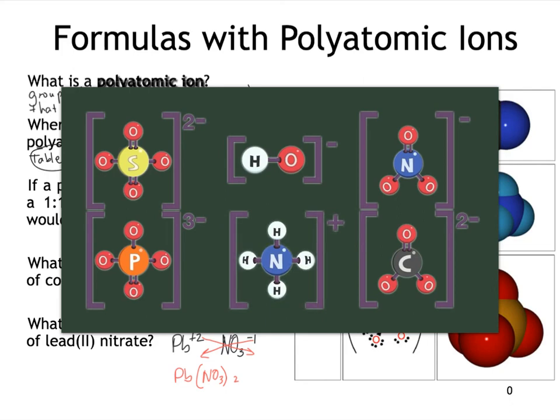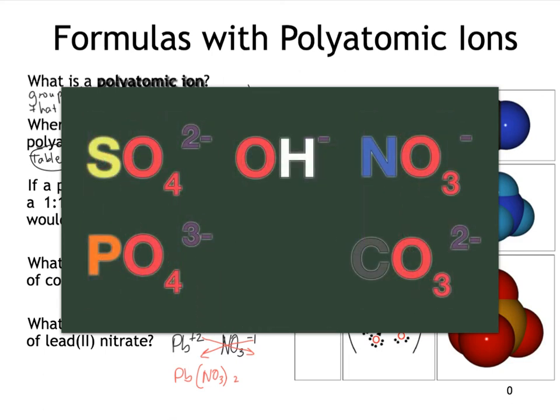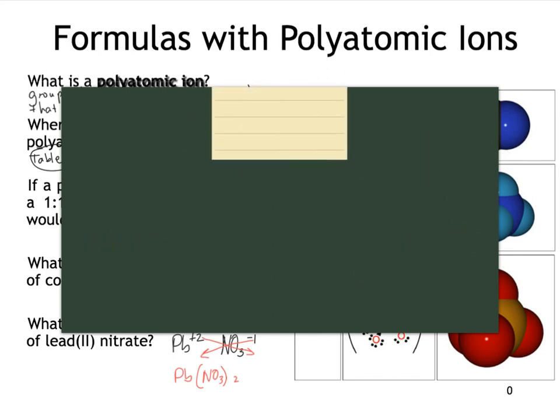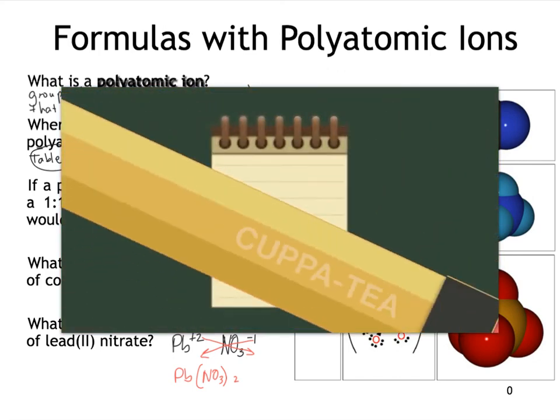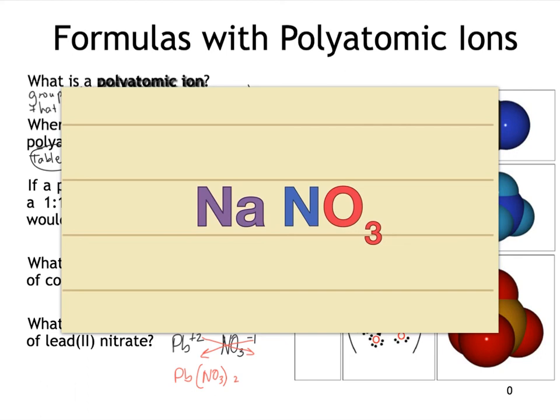Note that with the exception of the ammonium ion, all of the listed polyatomic ions are anions. You will have to remember the formula and the charges of these polyatomic ions. Let's grab a piece of paper and a pencil and work on the first example. Write the sodium ion and nitrate ion side by side. Remember to include their charges.